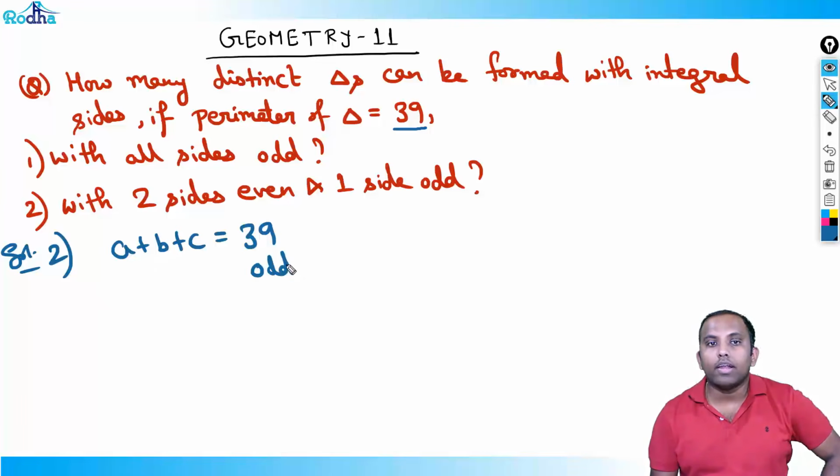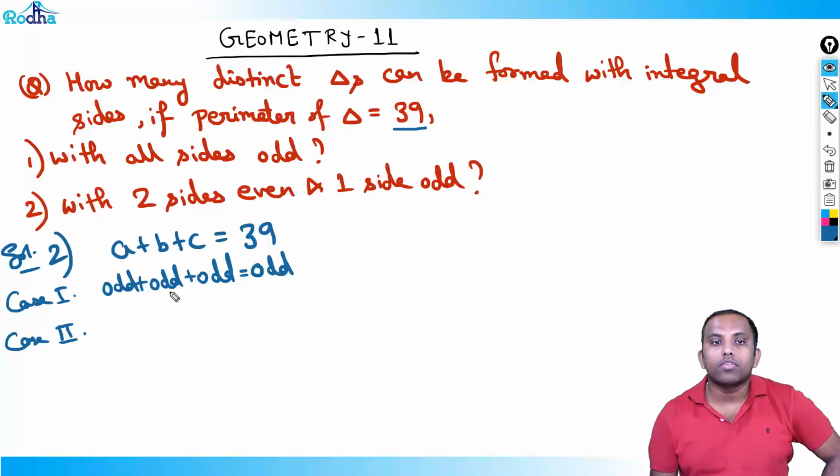I'll get an odd result only when a is odd as well as b is odd as well as c is odd, since odd plus odd plus odd gives odd. This is case 1. And the other case: any one odd and two even, since even plus even plus odd will also give odd.